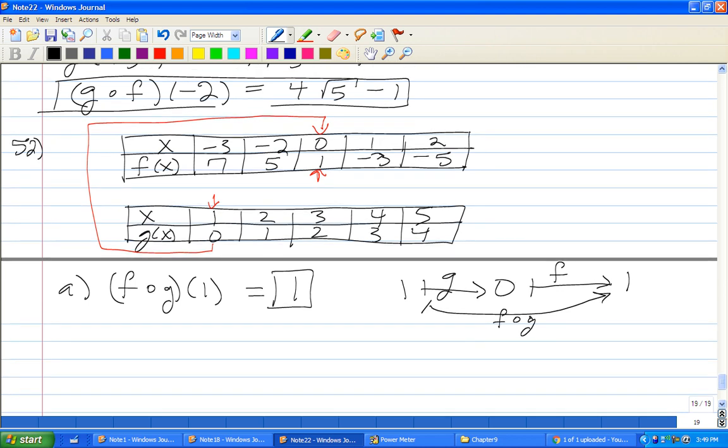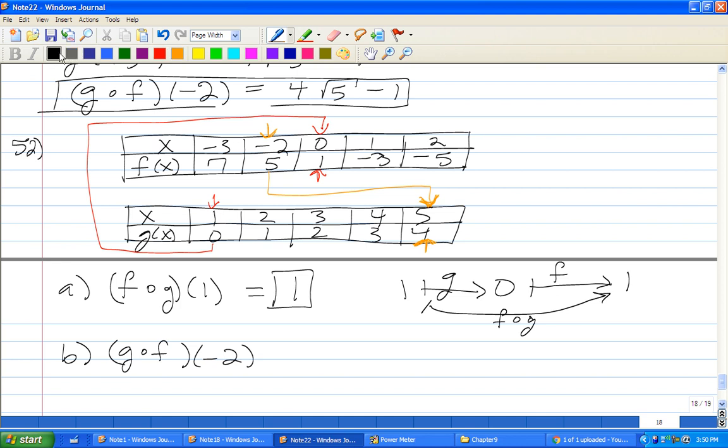Let's do part B. g composed with f at -2. Okay, so I have an input of -2 for f. That gives me an output of 5. I make that an input for g, my output is 4.